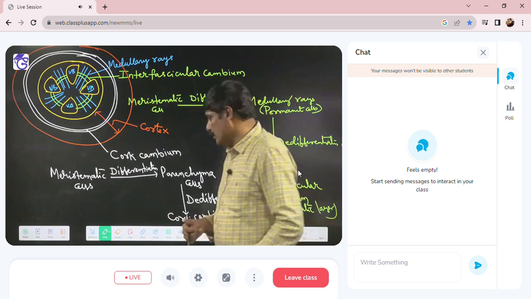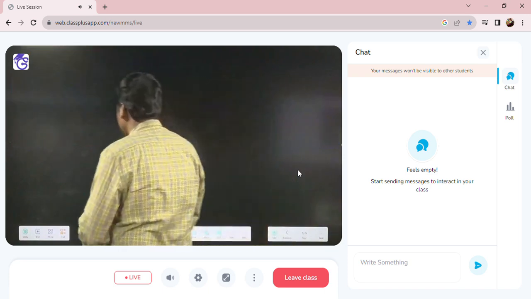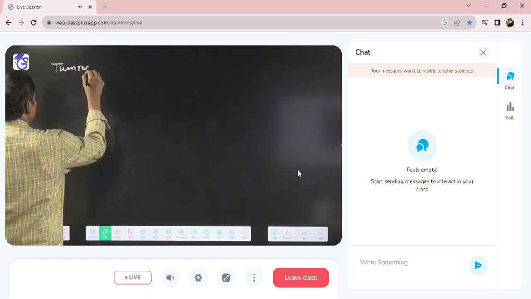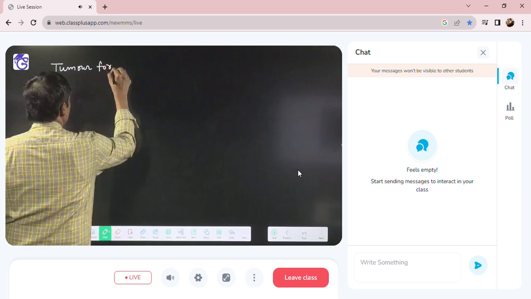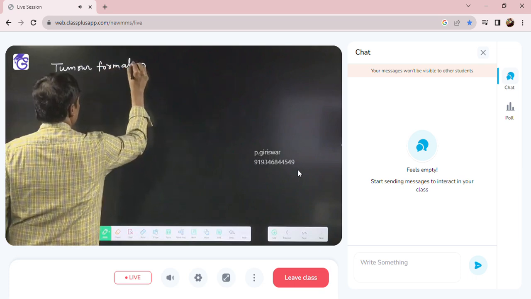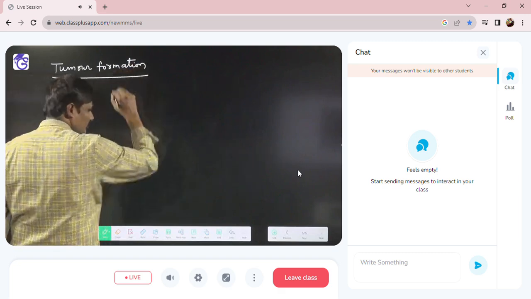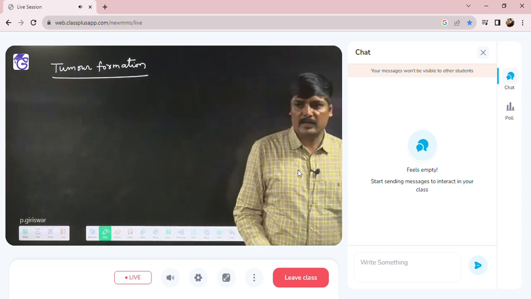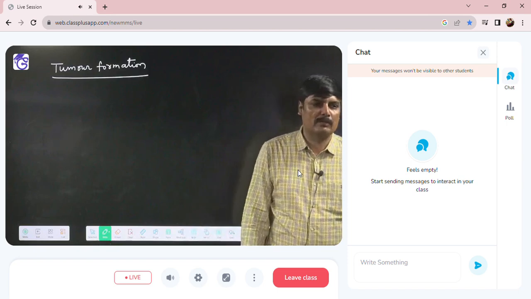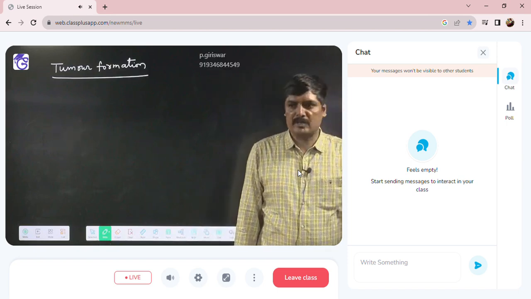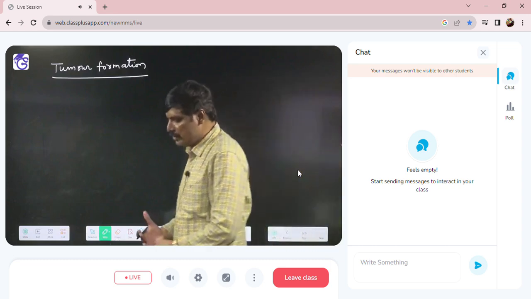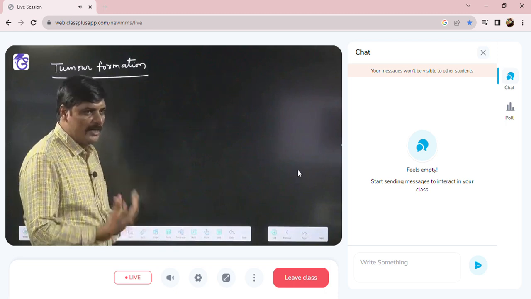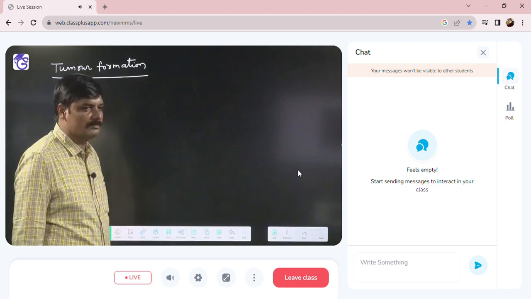And one more point I want to add here. For example, tumor formation. Whatever it may be, a tumor in an animal cell or a plant cell, because of attack of bacteria, tumors may be formed in plants. Tumor formation is an example for differentiation or de-differentiation or re-differentiation?